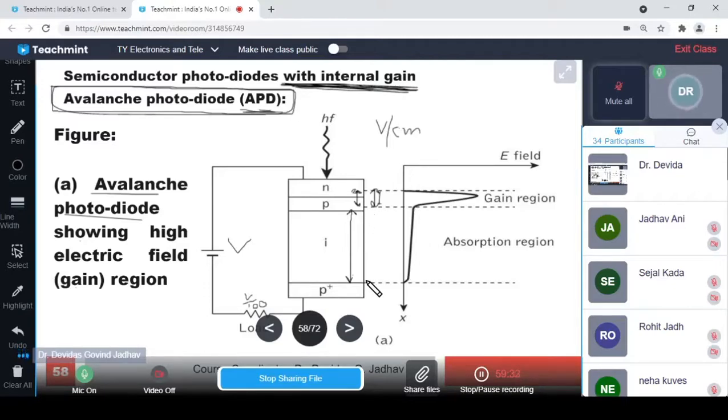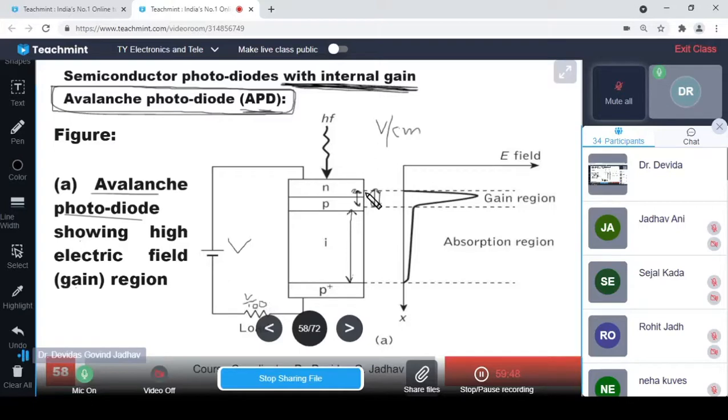The voltage is not taken by the wires, the N region and P region, or by the P plus region, and the bias voltage taken by the load is very small. So all the remaining voltage appears across the junction depletion region and the intrinsic region.